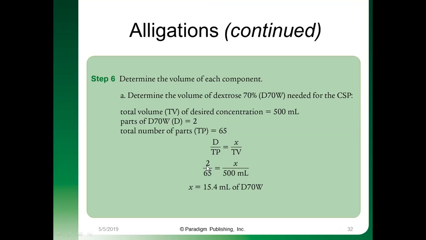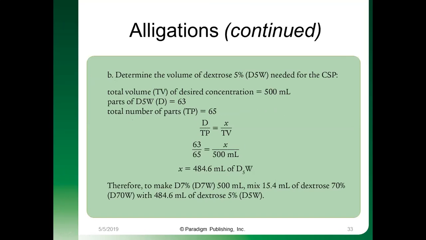So D, the desired amount, is 2, over the total parts, 65, is equal to X over total volume, 500 mLs. So cross multiply, 500 times 2 divided by 65 gives us 15.4 mLs of 70%.